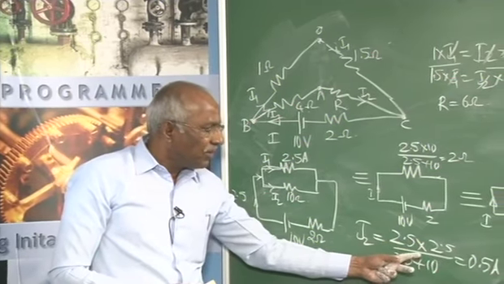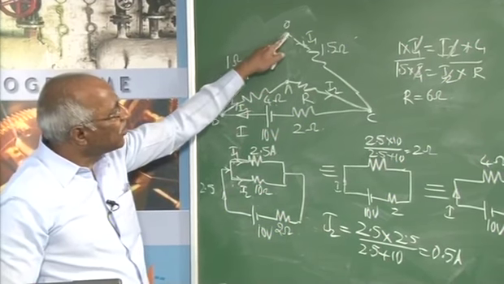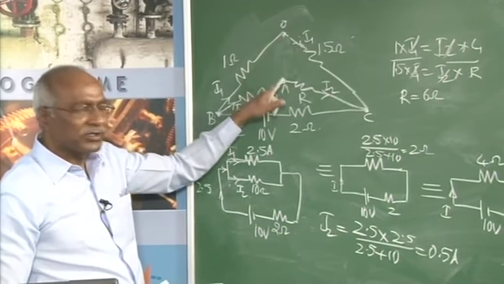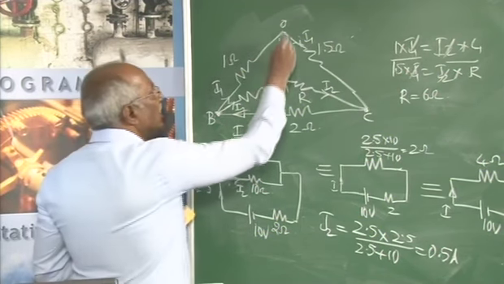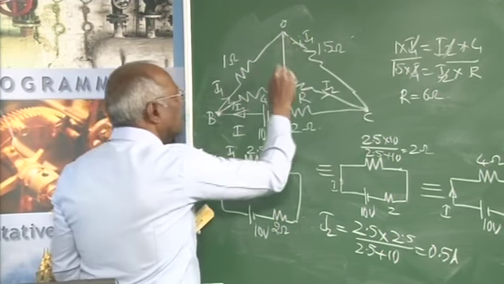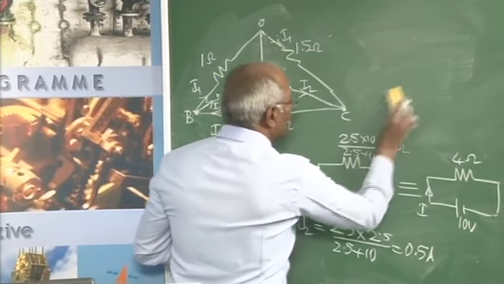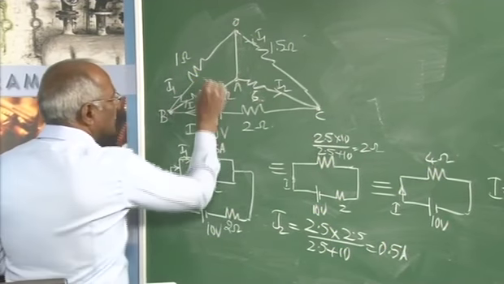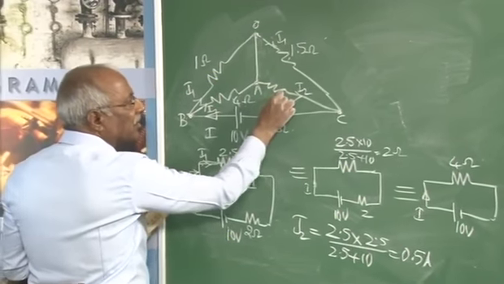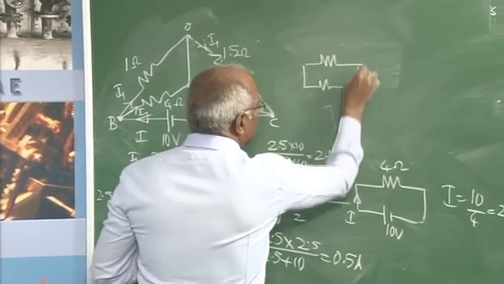The same problem can be worked out in another way. As I said, when there is no current between the two, it has been open circuited. When the voltages are the same, the drop is 0, therefore it can be connected like this also. With that, what will be the resulting circuit? To understand that, we will observe these two are in parallel and these two are also in parallel. The resulting circuit will be this.